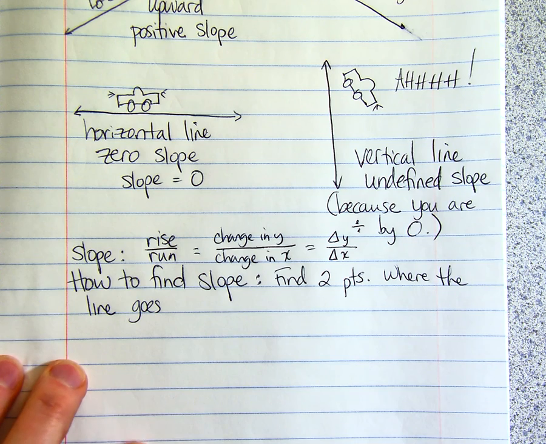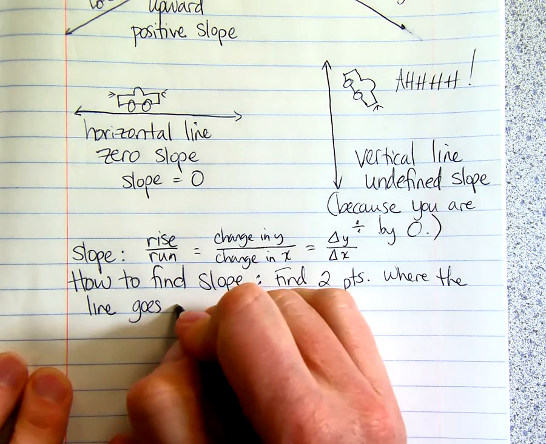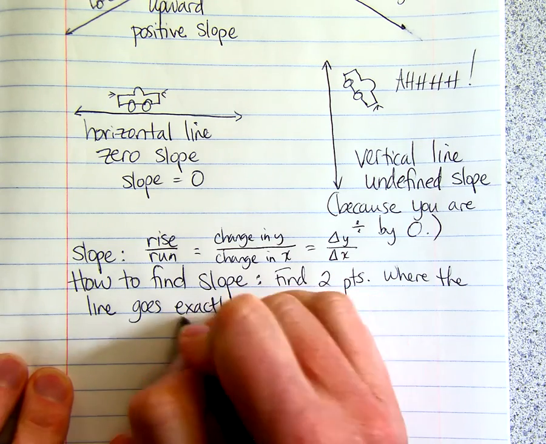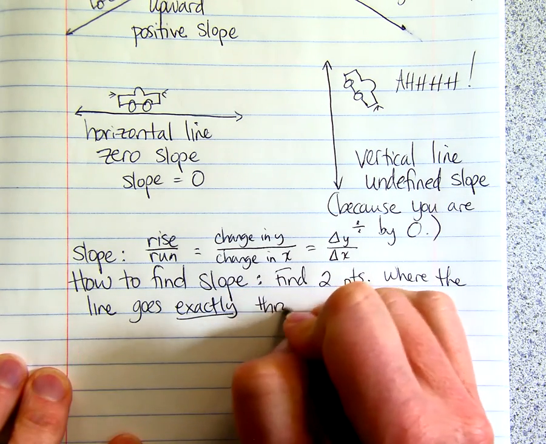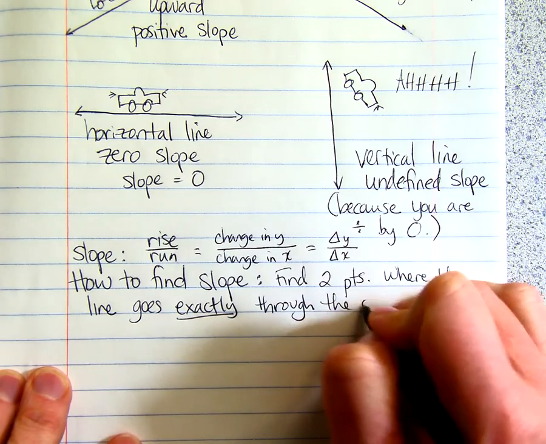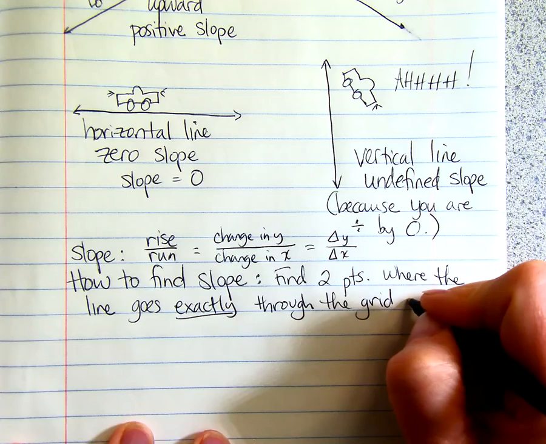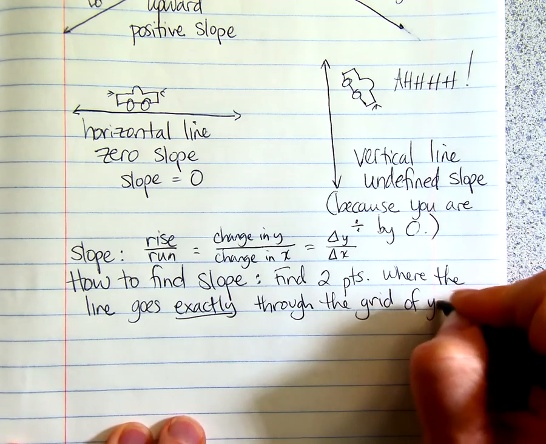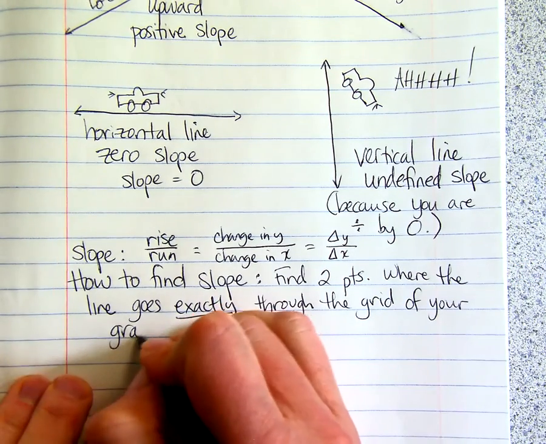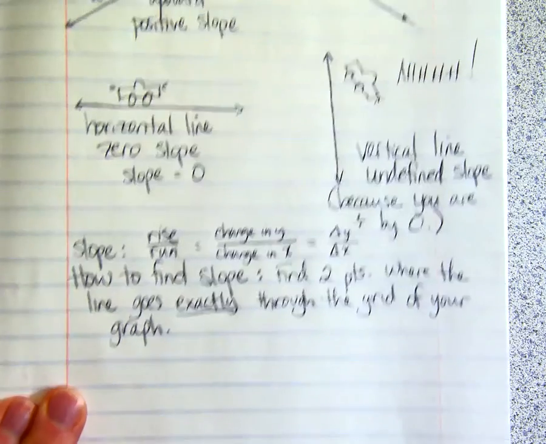So exactly through one of those corner points of a square on your graph. And that part's really important. If you can find the 2 points on the line, it makes life a lot easier when we're trying to find slope.